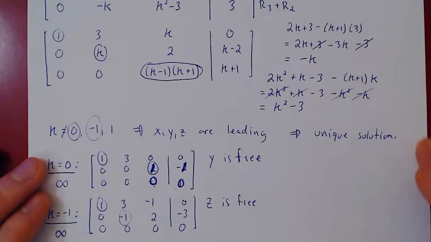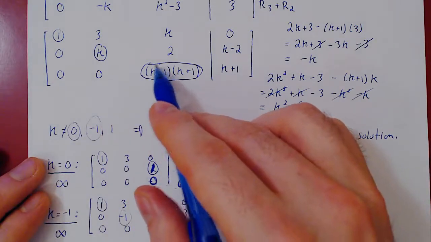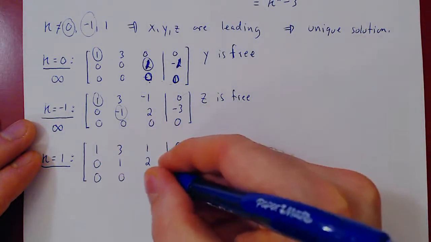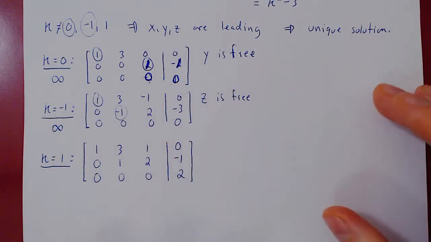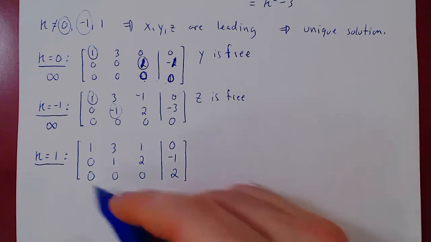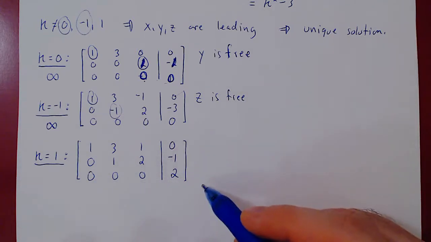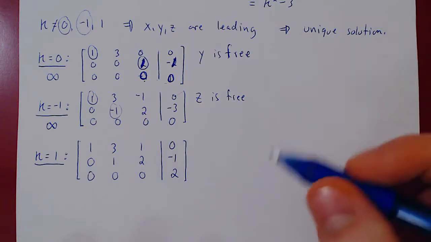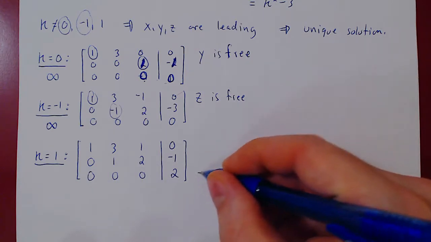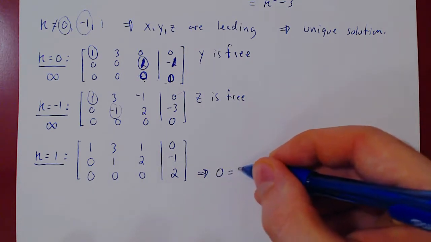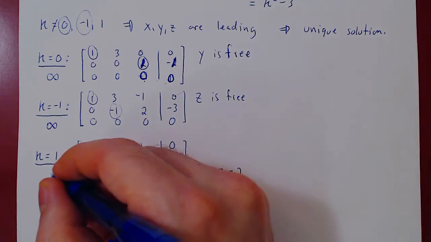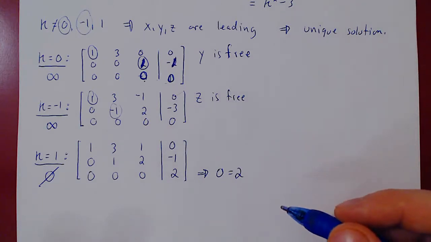And the third row, 0, 0, 1 minus 1 is 0, 1 plus 1 is 2. So we'll get 0, 0, 0, 2. And this is obviously inconsistent. The bottom row implies that 0x plus 0y plus 0z, which is always 0, equals 2. 0 is not 2. The system is therefore inconsistent, so there is no solution.